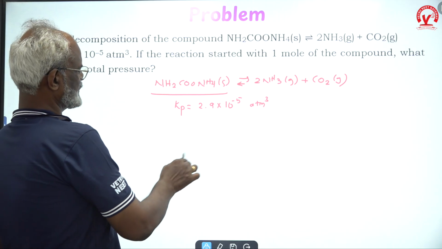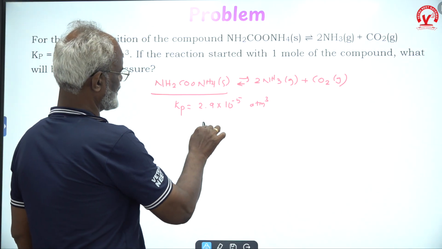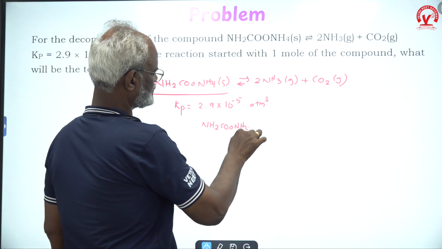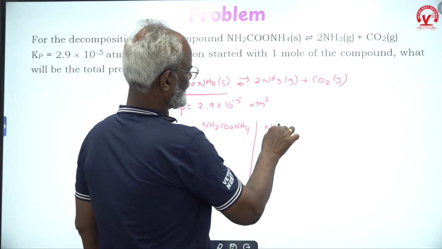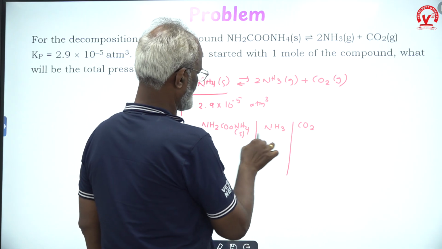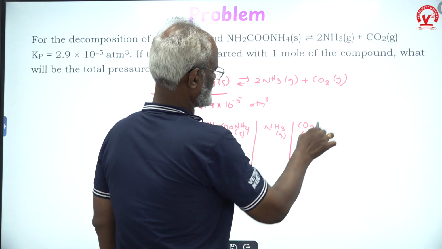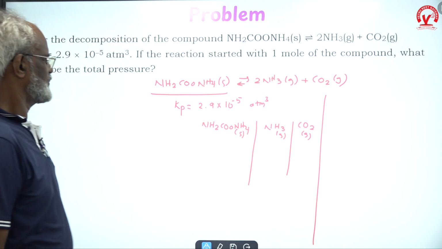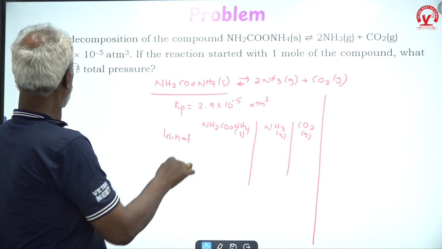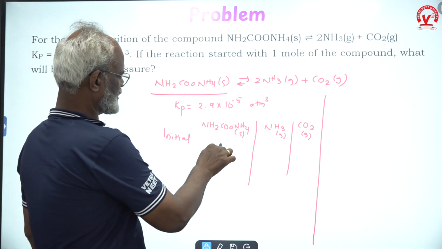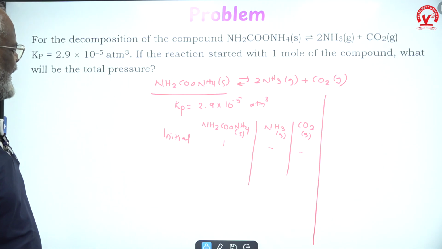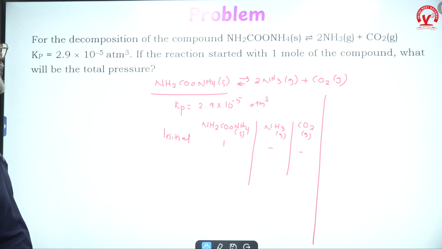So reactant NH2COONH4, products NH3 and CO2. This is solid, and these are gases. Initially, we take 1 mole of the compound, so the two products will not be there. Let's say X moles dissociate.